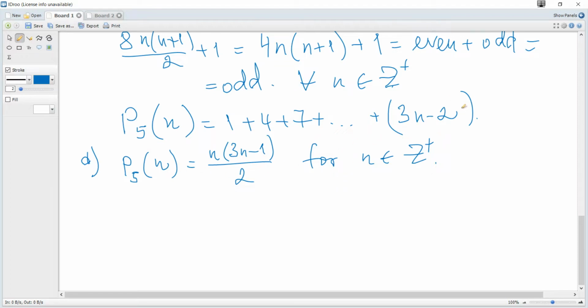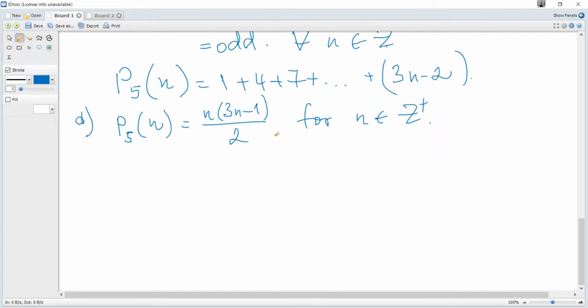The pentagonal number with number n is the sum of terms of the arithmetic sequence up to this term. So we can consider the formula for the sum of the first n terms of the arithmetic sequence, and hence P5 of n is just the sum.